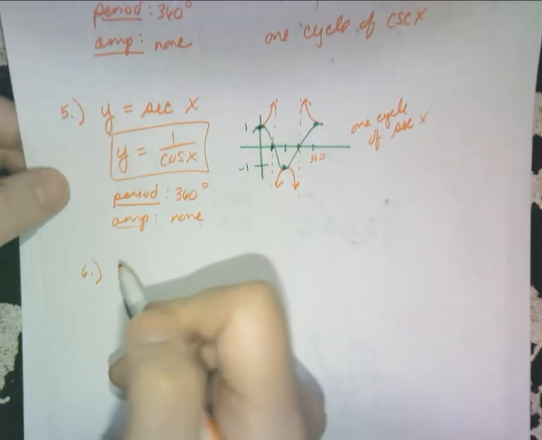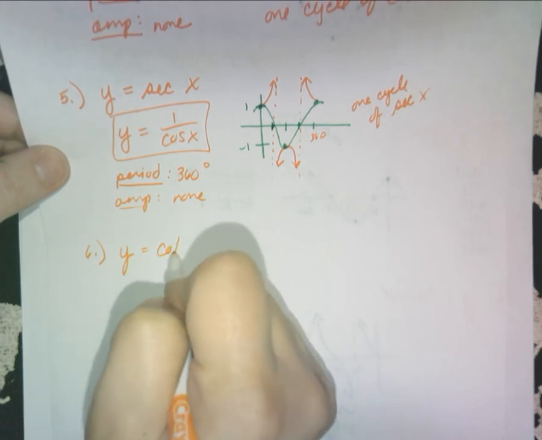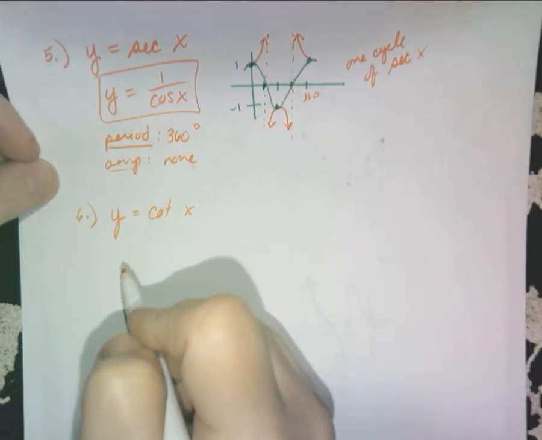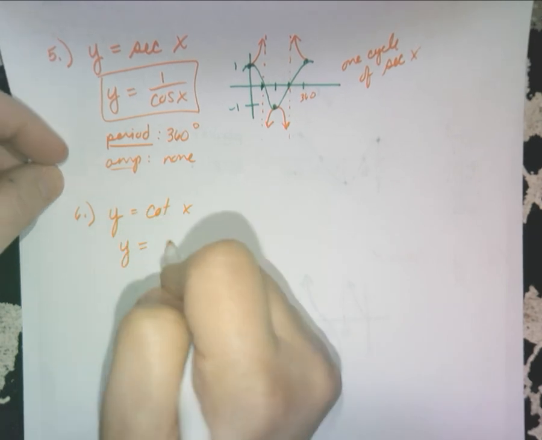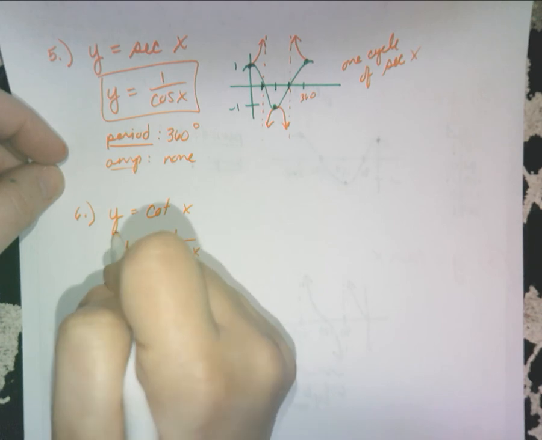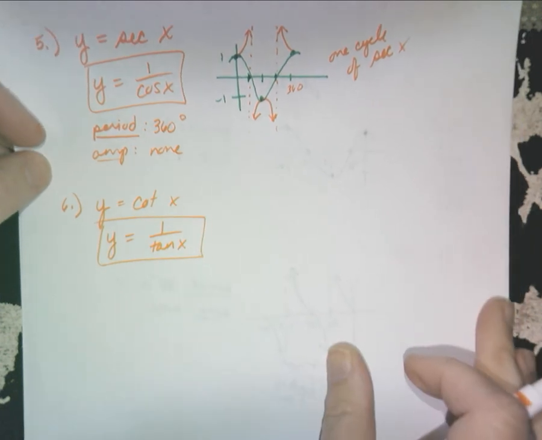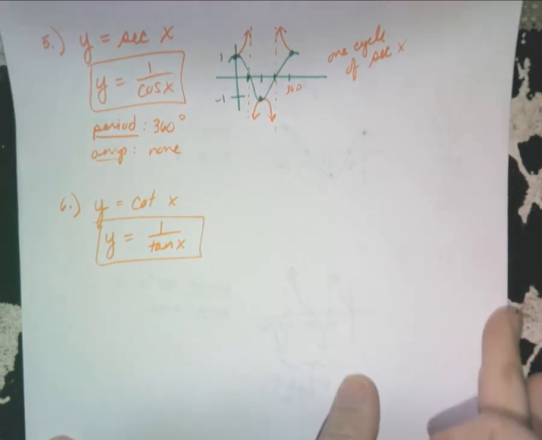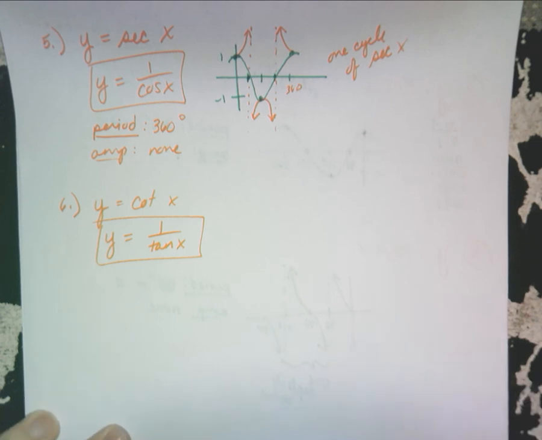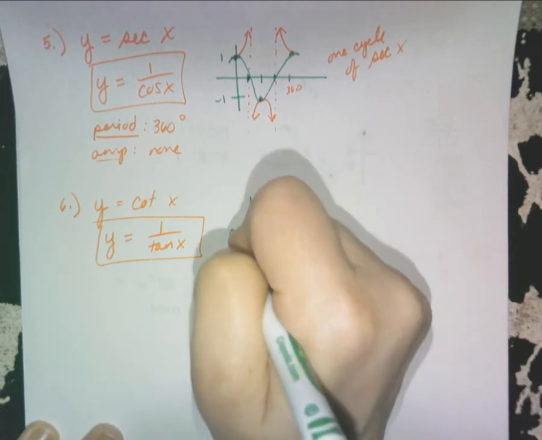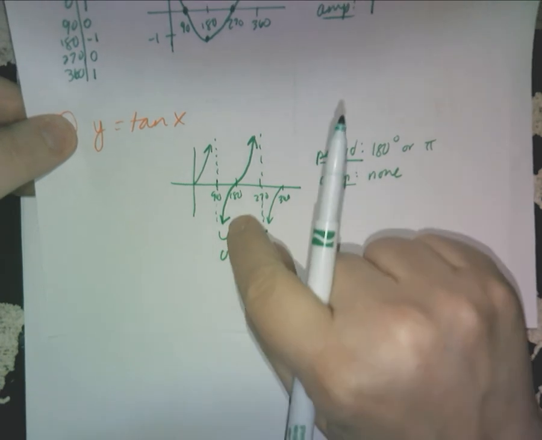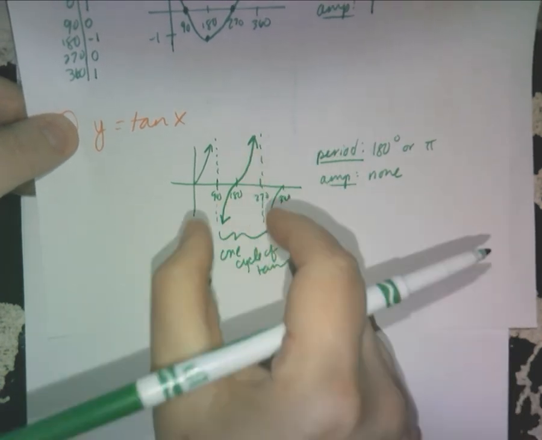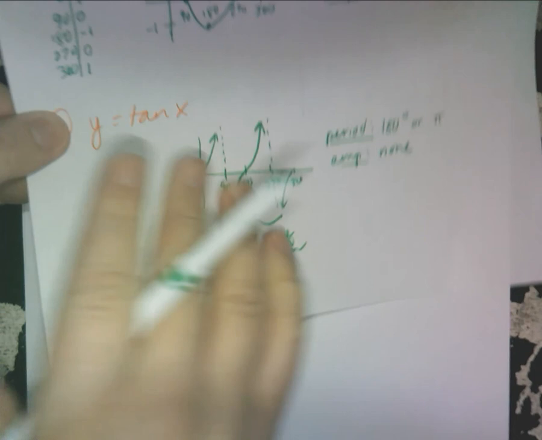And last but not least, cotangent. What's the reciprocal of cotangent? Good old Mr. Tan. Okay, so here's what happens with tangent. If you remember over here, if you look at tangent, see how it curves up that way? It has asymptotes at 90 and 270.